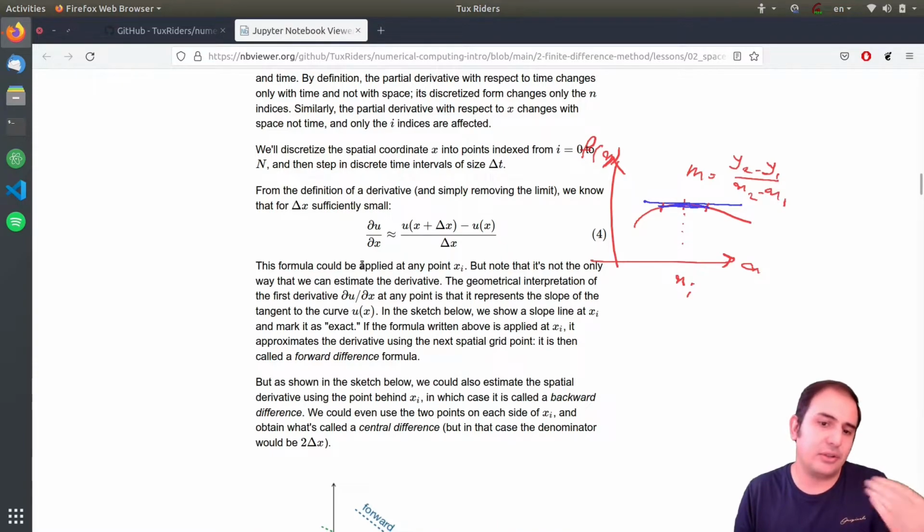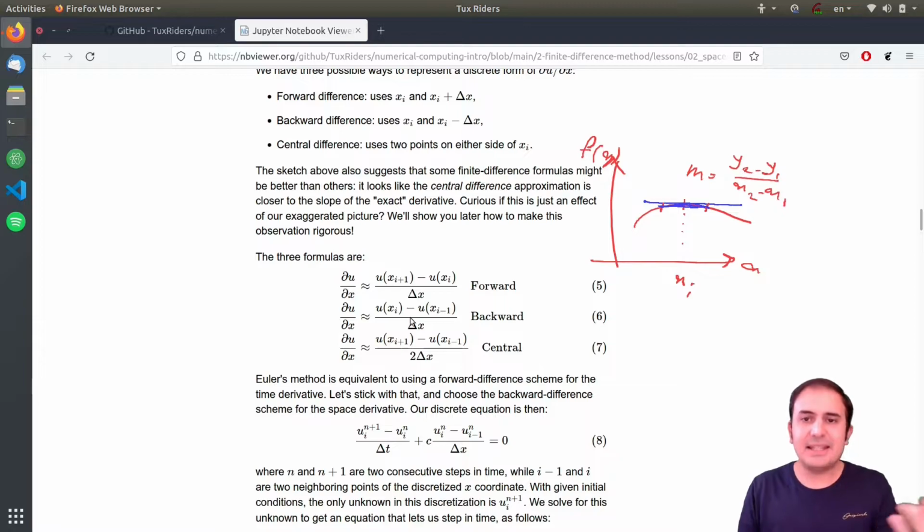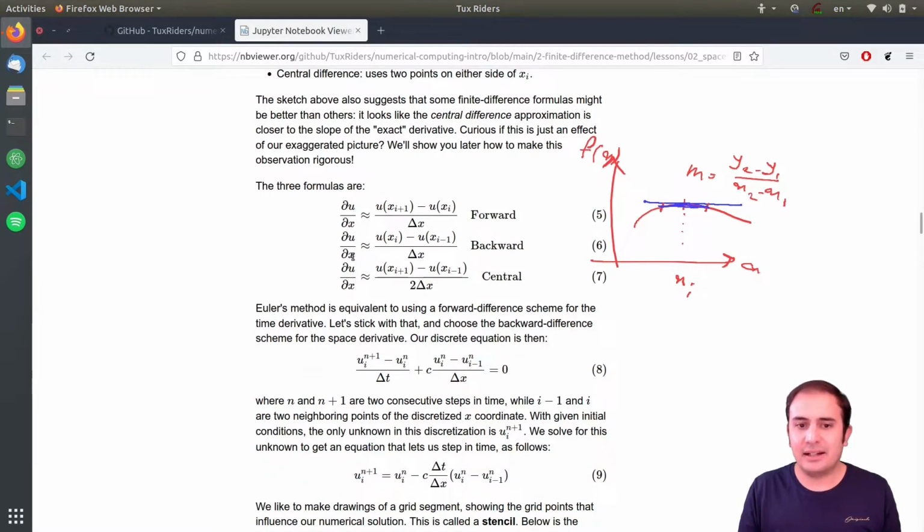Using this technique, we can easily compute the derivative of u at any point, because we have the value of u, we have the value of f, and using this we can compute the derivative at any point x. So quite cool. This is the forward difference, the backward difference and the central difference.